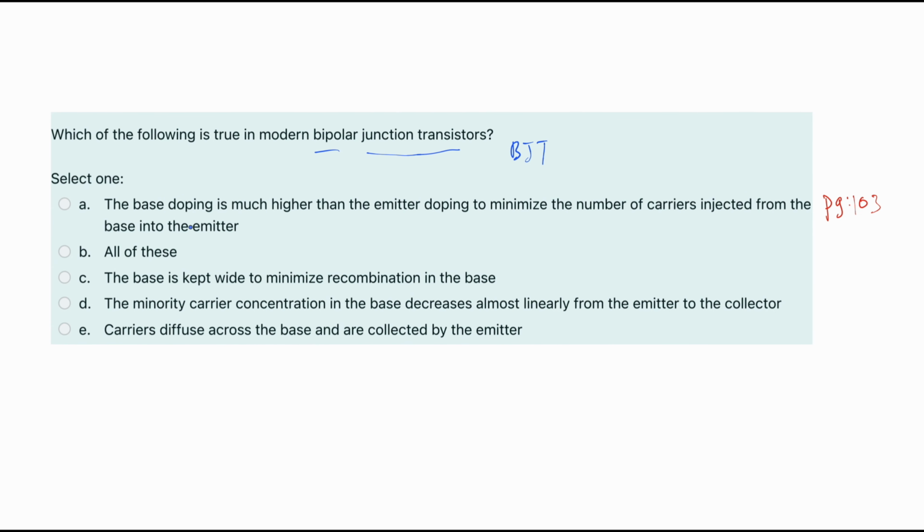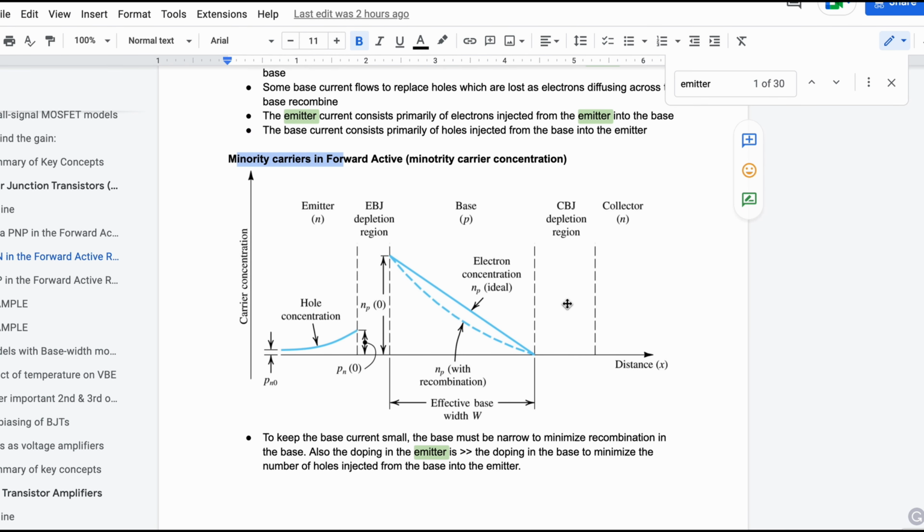The first one says the base doping is much higher than the emitter doping. So base doping much higher than emitter doping, and this is to minimize the number of carriers injected from the base into the emitter. So if we look here, we can see to keep the base current small, the base must be narrow to minimize recombination in the base.